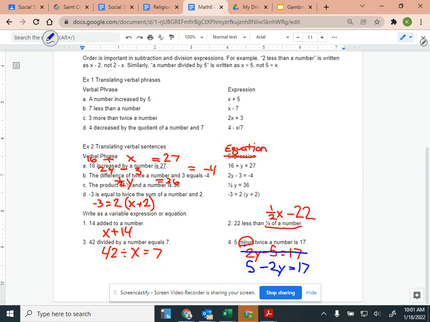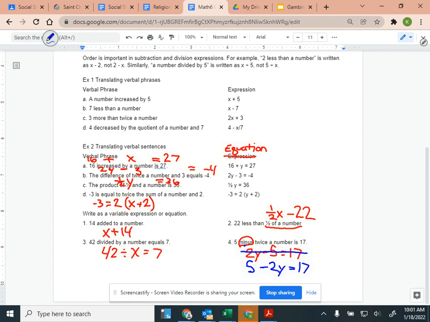What I like to do is plug in a number for that variable and see if it makes sense. So if it's 5 minus twice a number equals 17, that makes it a little trickier because I actually have to come up with the actual number.